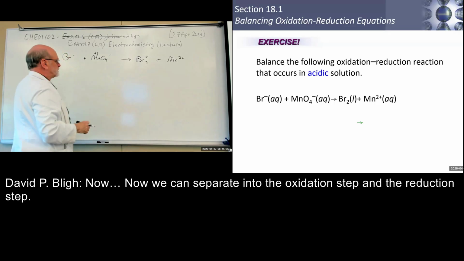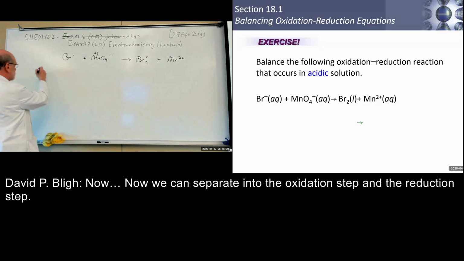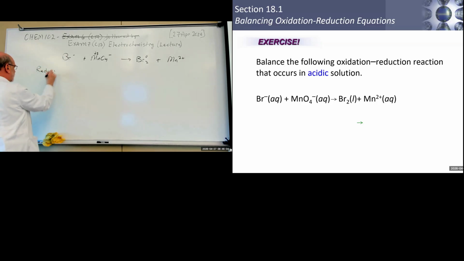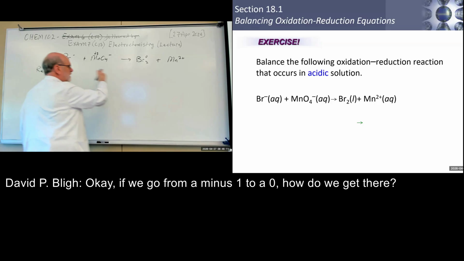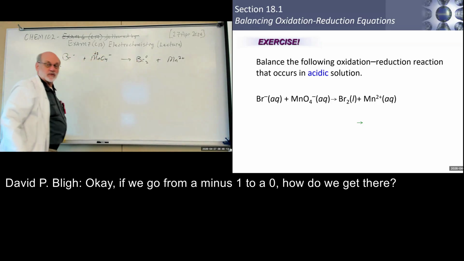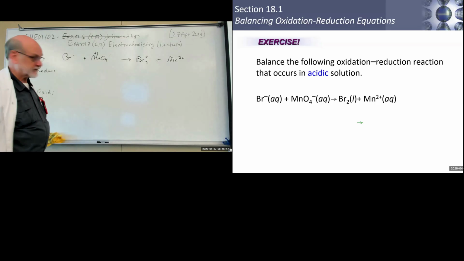All right. Now we can separate into the oxidation step and the reduction step. If we go from a -1 to a 0, how did we get there? We had to lose an electron.